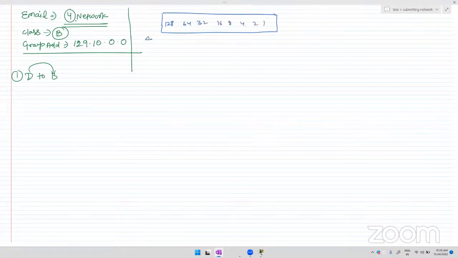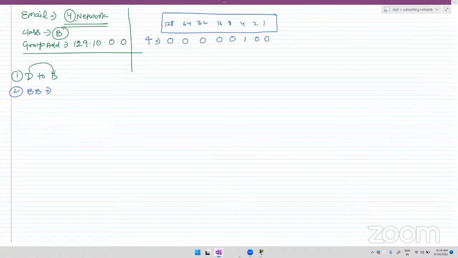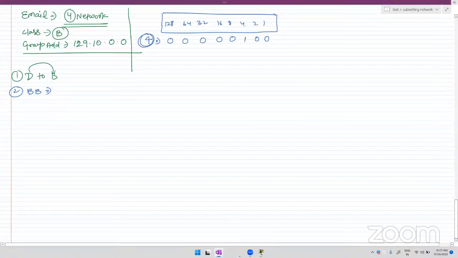So 4 converts into binary 0 0 0 0 0 1 0 0. So anyone know which is my borrow bit? If you convert decimal to binary, 4, so the borrow bits are 3.